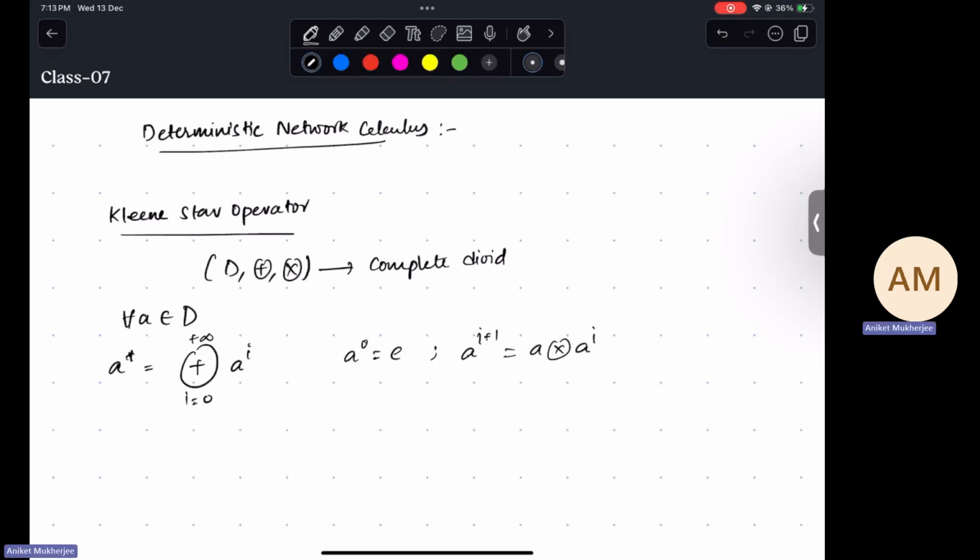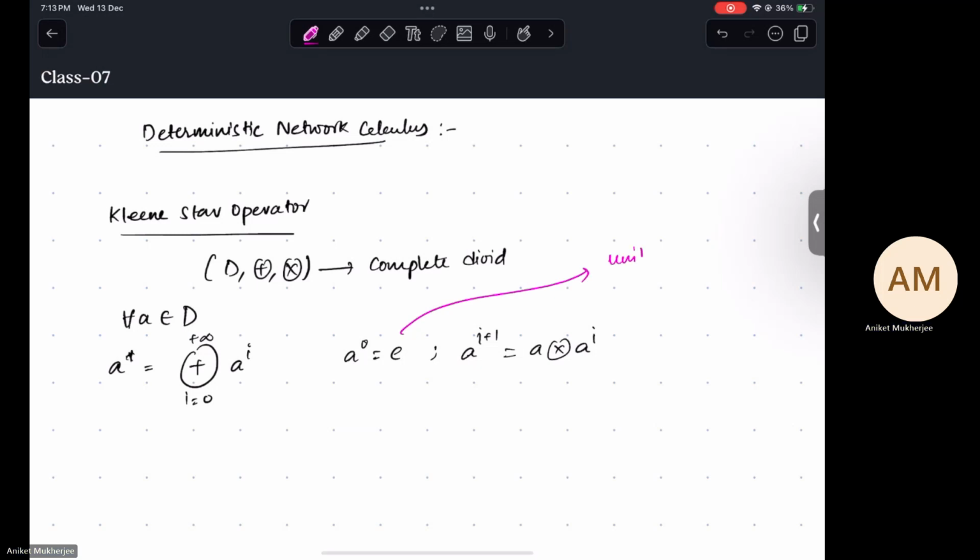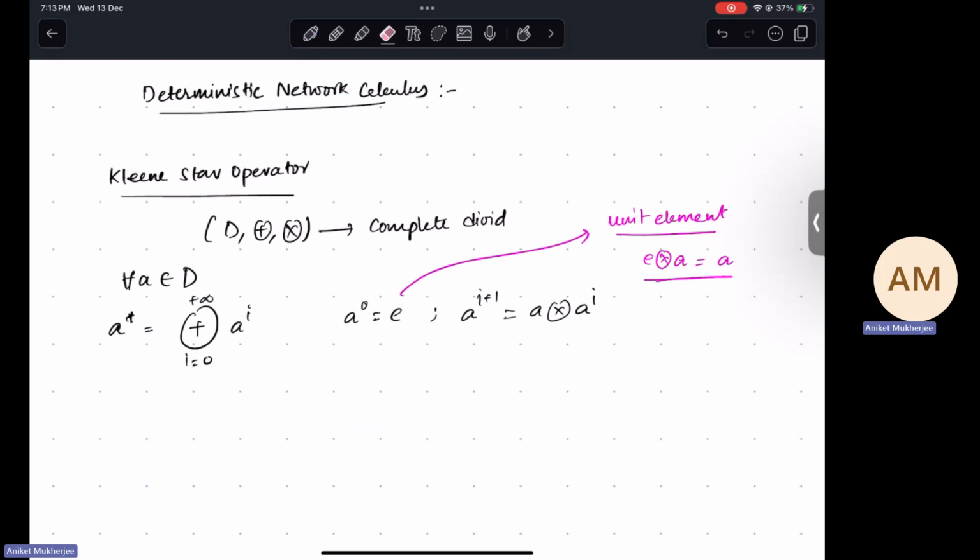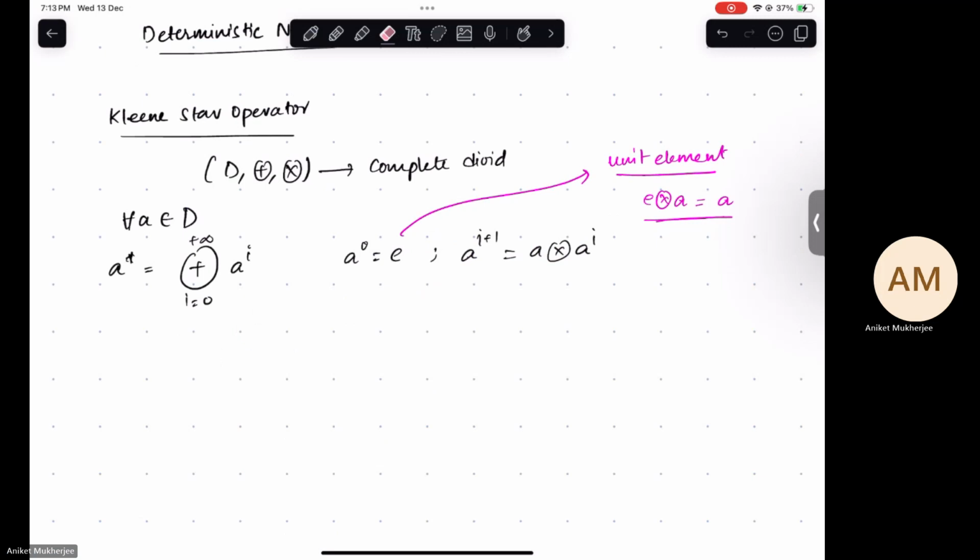So what is the property of the unit element? The second operator performed on the unit element with any element gives the same element again. Right, so it's like a one. So one into something, you get the same.